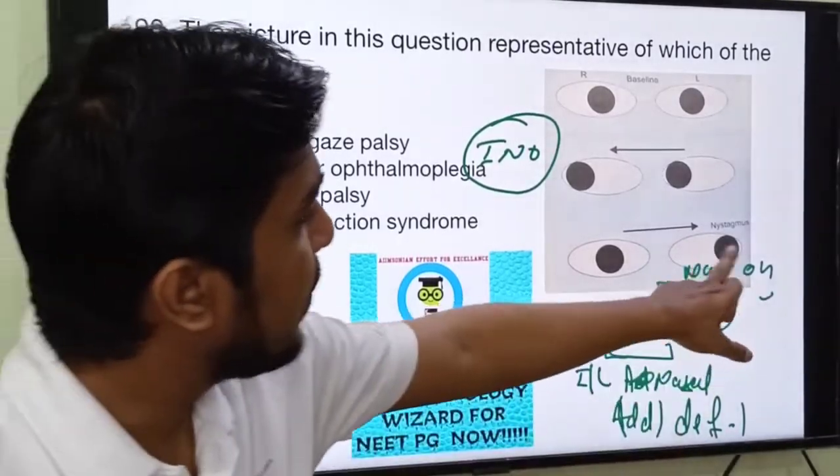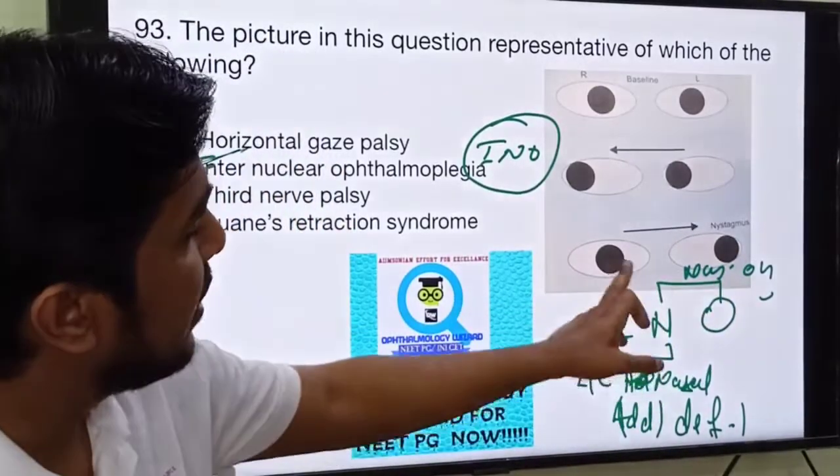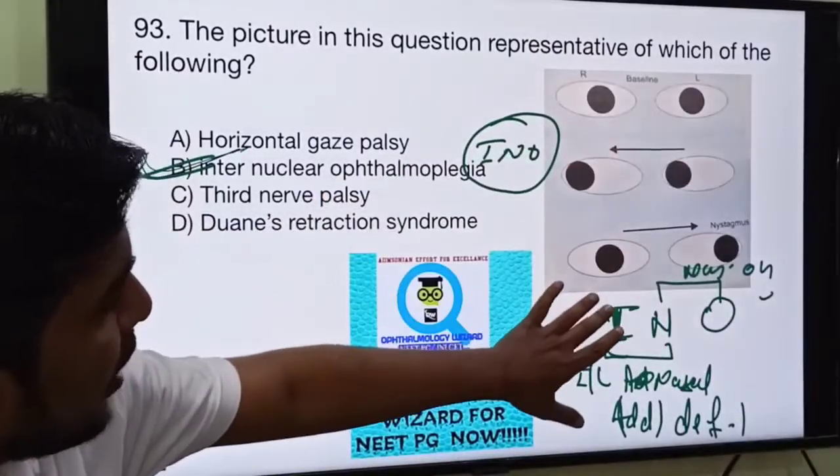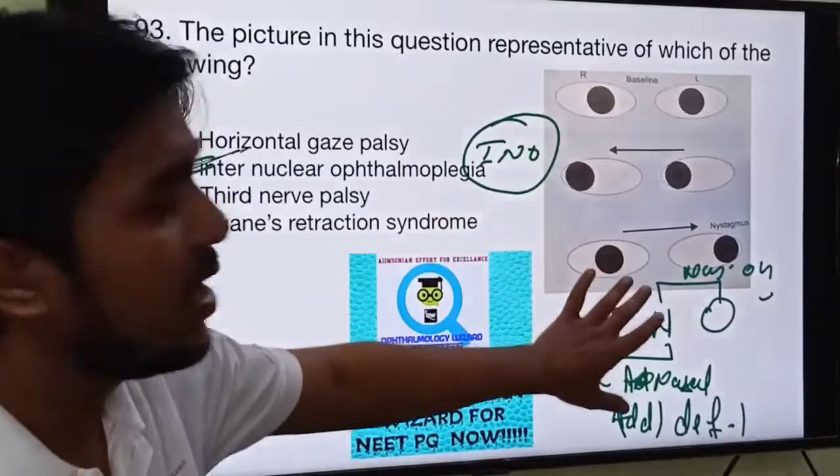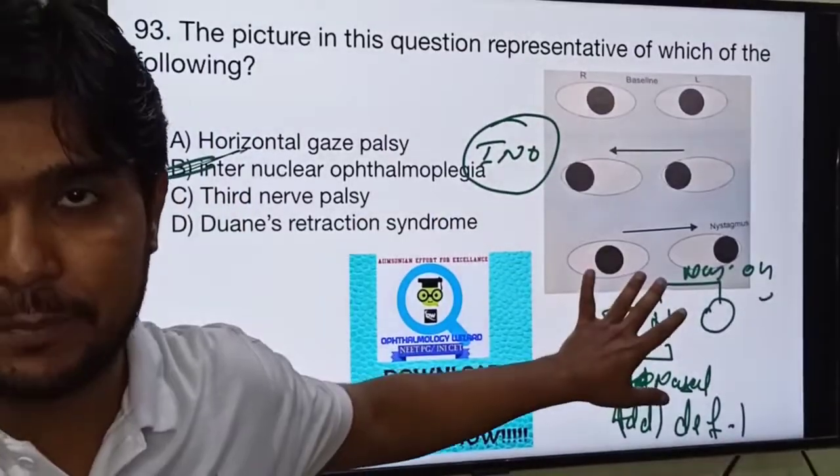So you can see nystagmus on the opposite side and ipsilateral adduction deficiency. So there is a right-sided INO. This is internuclear ophthalmoplegia, a right internuclear ophthalmoplegia.